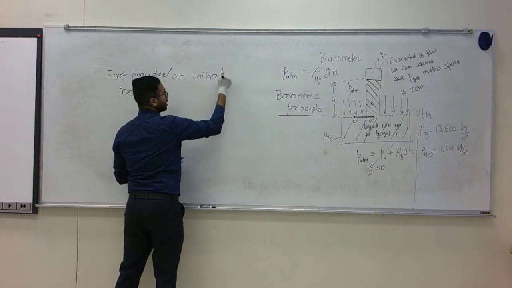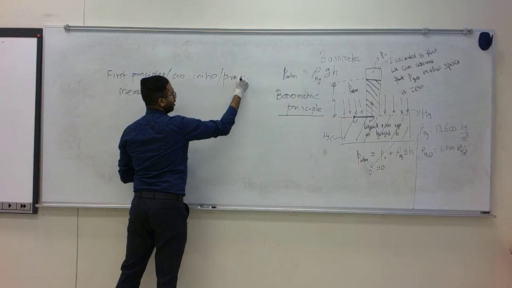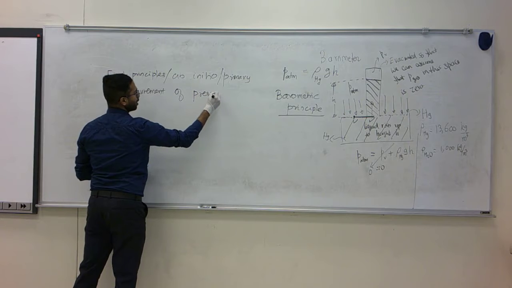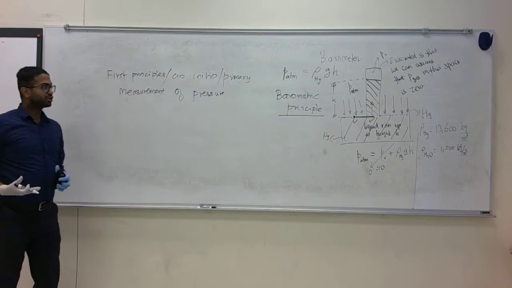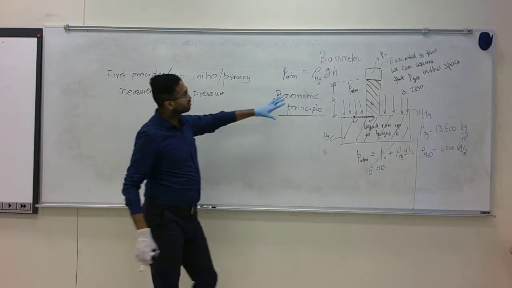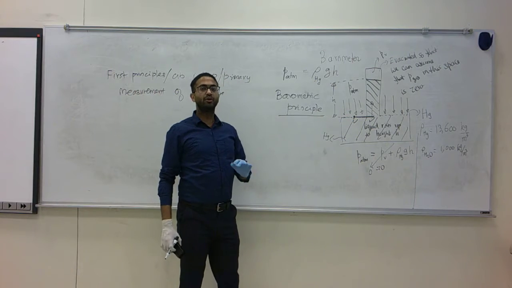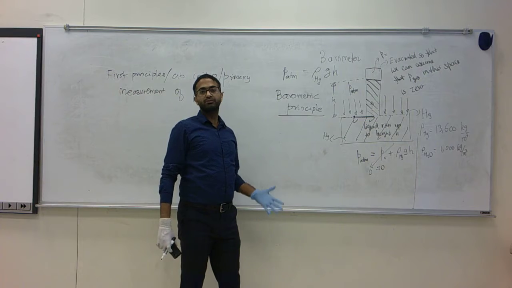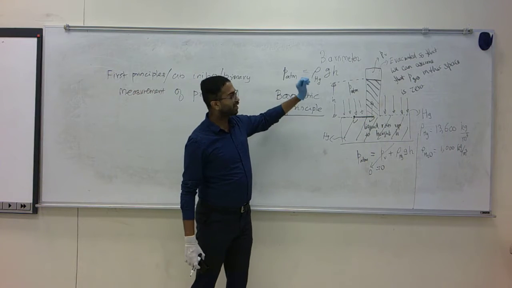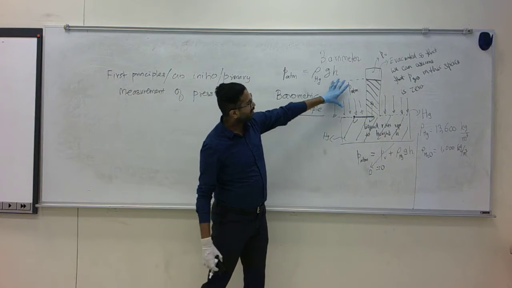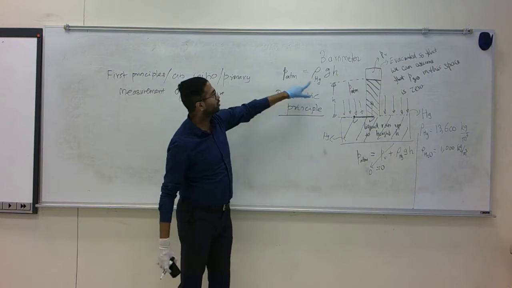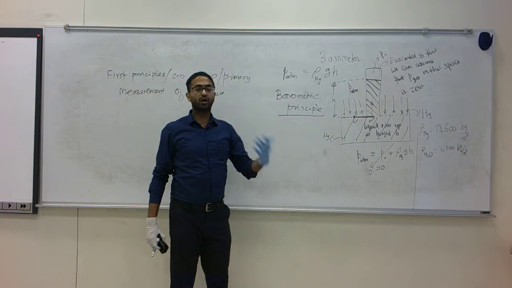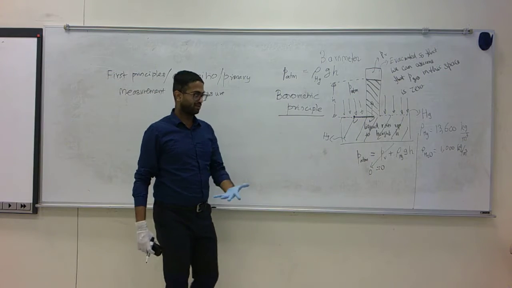Sometimes the word primary is also used: a primary or ab initio measurement of pressure. Why is it called first principles or ab initio? Because this measurement technique needs no calibration. It's not a sensor, there is no output, there is no input. There is the pressure that you wish to measure and the equation that connects the two of them, and this comes from theory, it doesn't come from any correlation or calibration, etc.